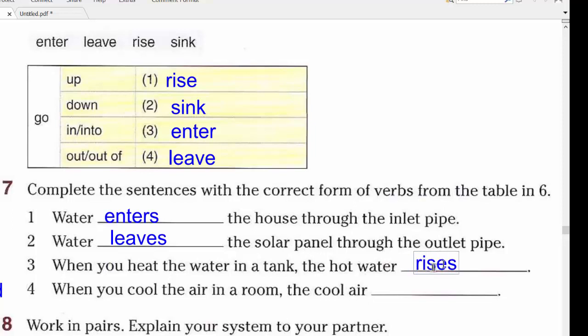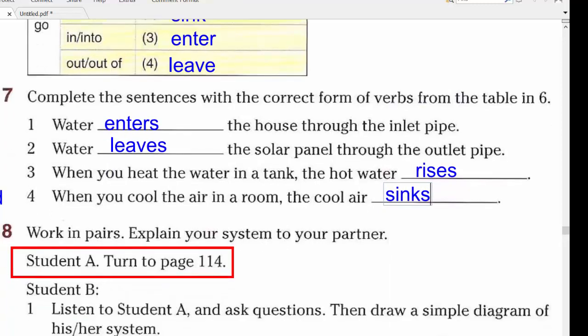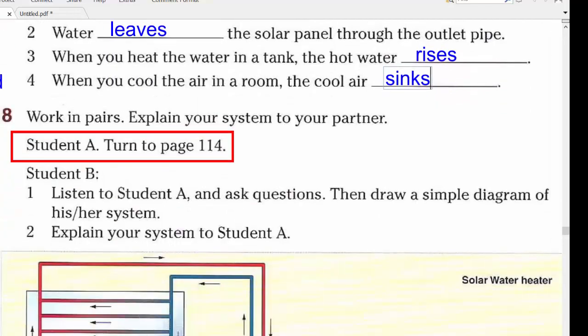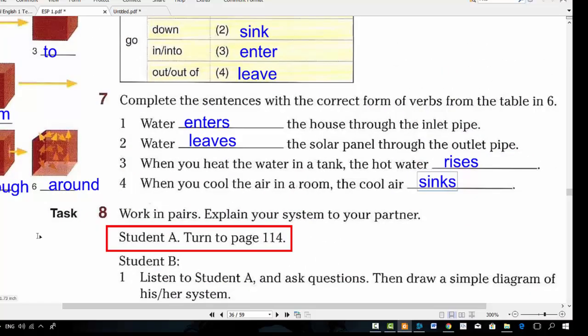When you cool the air in a room, the cool air sinks. Thank you.